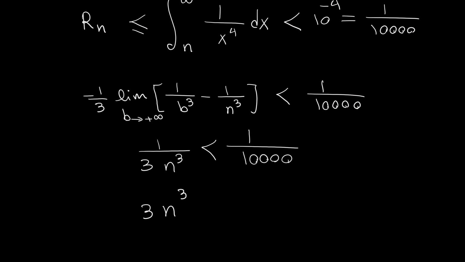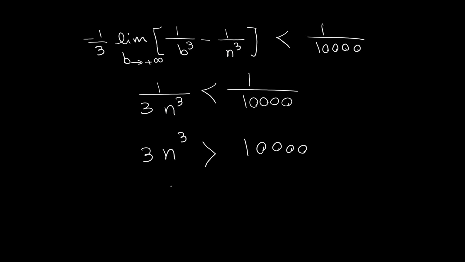So the reciprocal, 3n to power 3, should be greater than the reciprocal of 1 over 10,000, then n to power 3 should be greater than 10,000 divided by 3.